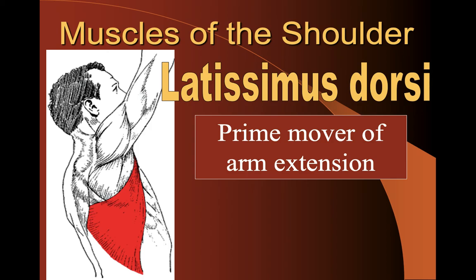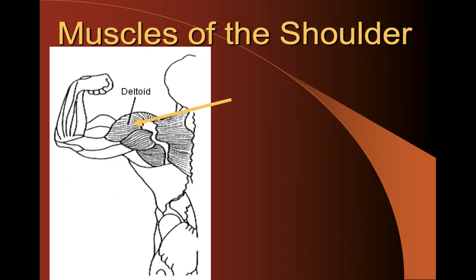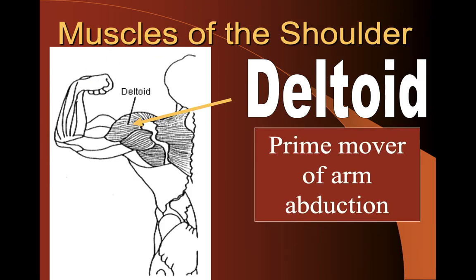These are the prime movers of arm extension, so bringing your arm back next to your body or even hyperextending your arm backwards. Also adduction, so bringing your arm back towards the midline of the body. Deltoid sits right on top of your shoulder and is the prime mover of abduction, so taking your arm away from the midline.